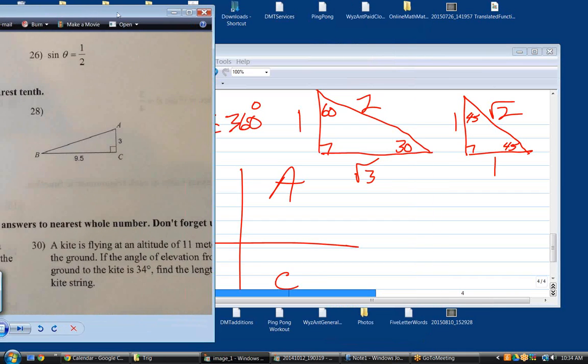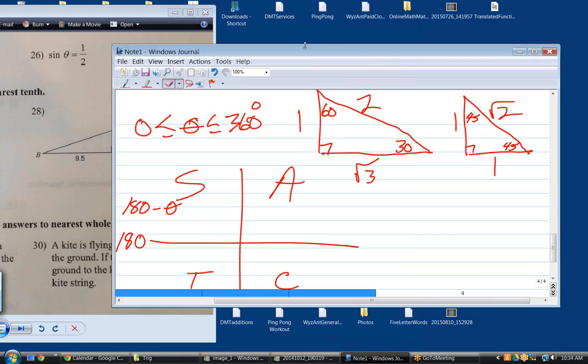And down. Okay. So 30. Okay. And you'd be in the second. So it's whatever is supplementary to 30. Because again, we're looking at some angle where this is going to be a 30-degree angle.